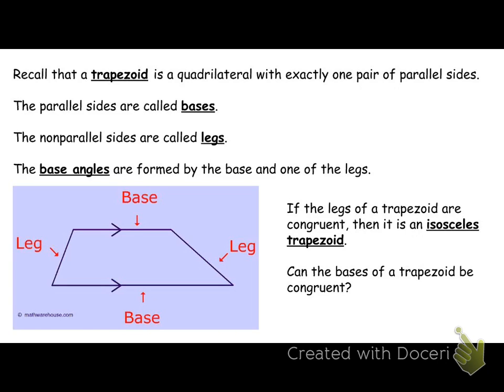The legs would have to be parallel then, correct. Remember, one of our theorems about parallelograms: if a quadrilateral has one pair of sides that are both parallel and congruent, then it's a parallelogram. So if the bases were to be congruent, then this would have to be a parallelogram. So the legs are the only thing that can be congruent on a trapezoid. And if the legs are congruent, it's called an isosceles trapezoid.